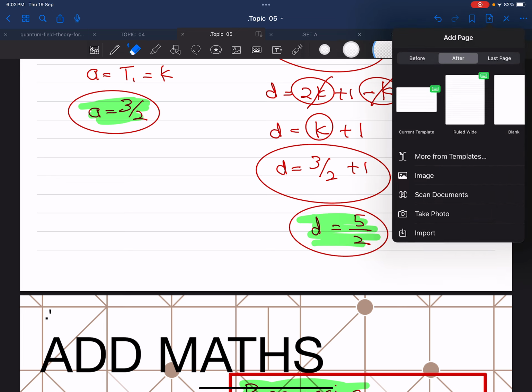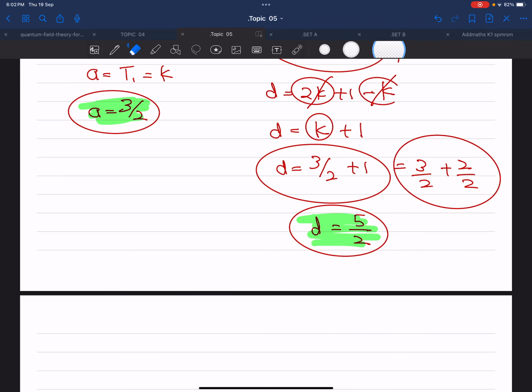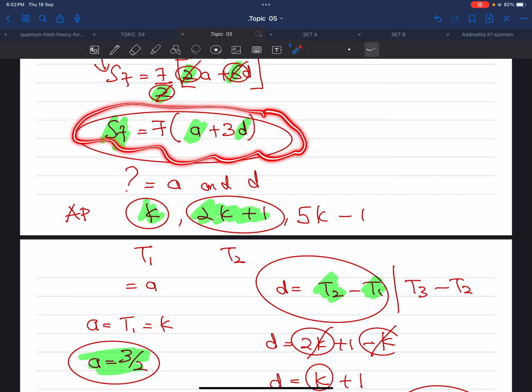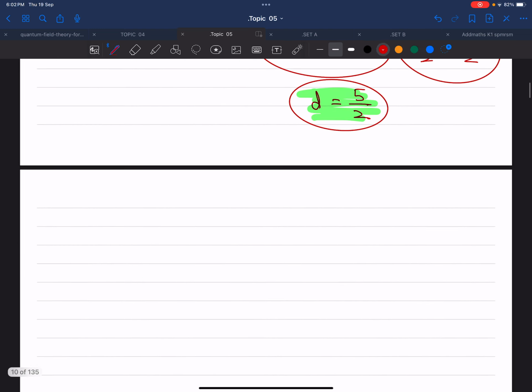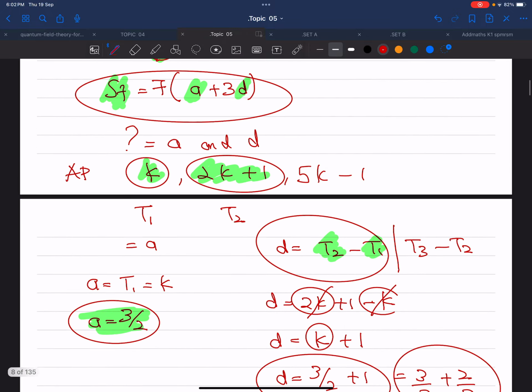Now we reverse back to our S7, which is 7 brackets A plus 3D.